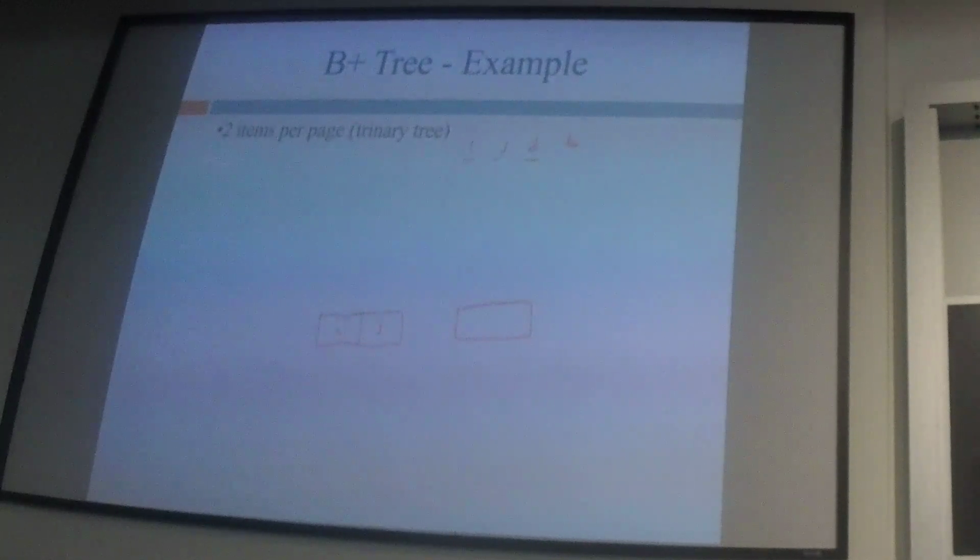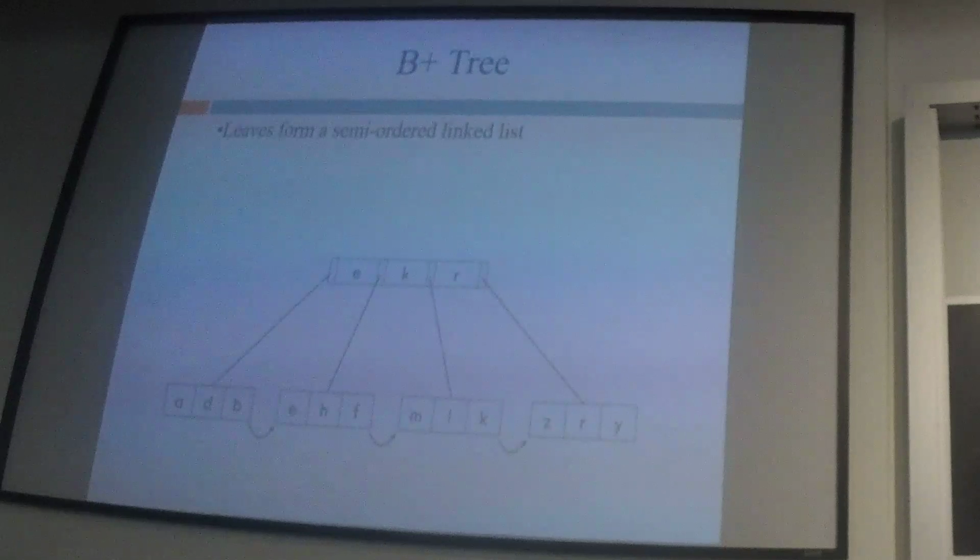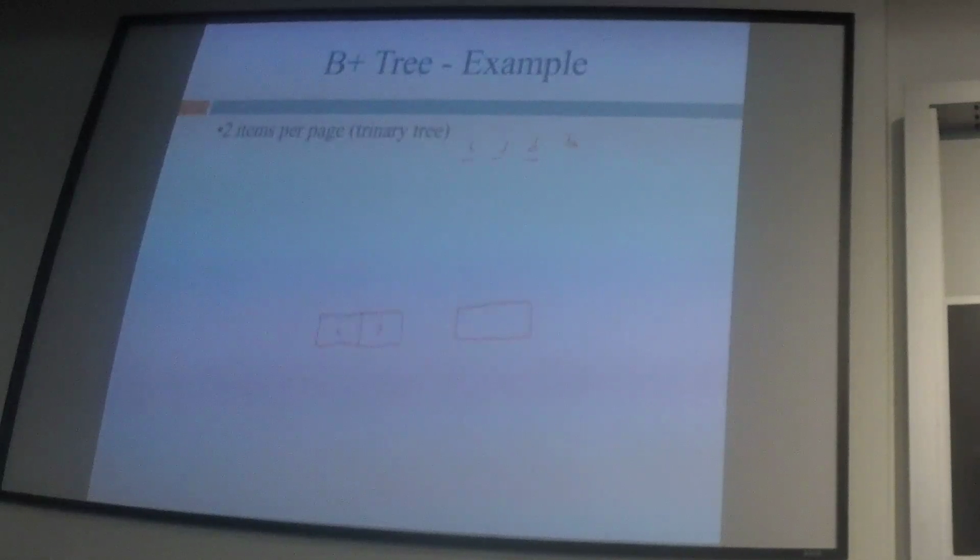So remember, we have to end up with this semi-ordered linked list for the leaf nodes, which means that I, J, and D have to go into these 2 nodes in such a way that everything in the left one is less than everything in the right one. So I need to now redistribute my existing node. I have I and J in there.